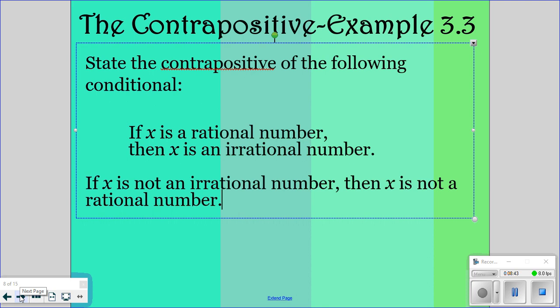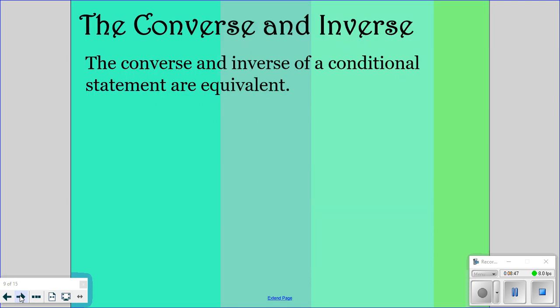Okay, so now we're going to look at converse and inverse. So the conditional statement and the contrapositive are equivalent statements. The converse and the inverse are also equivalent, not to the original and the contrapositive though. The converse and inverse to themselves are equivalent.